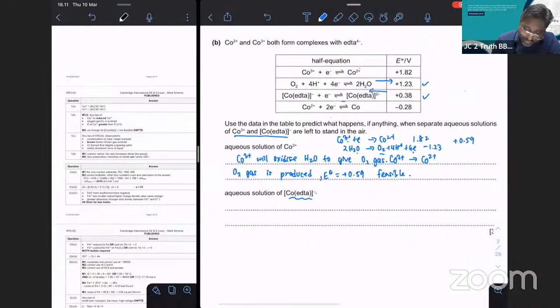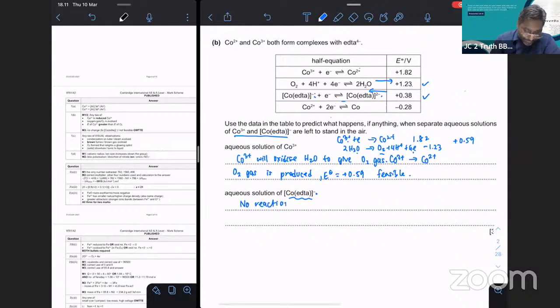But you can see that we want these to be reacting, so in this case, it doesn't make sense. It doesn't react like what we want. CoEDTA 2 minus is going to change into this, but we want this to change. So therefore, there will be no change or no reaction.